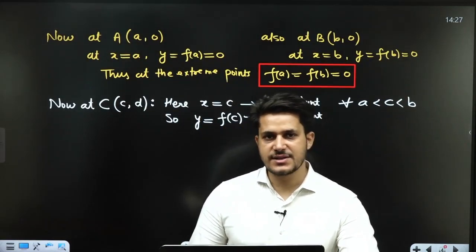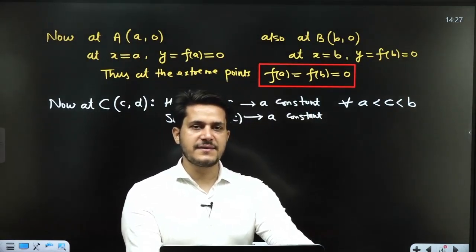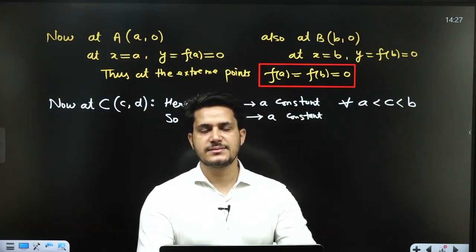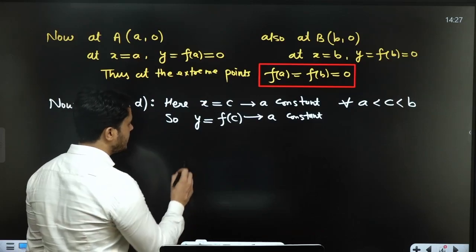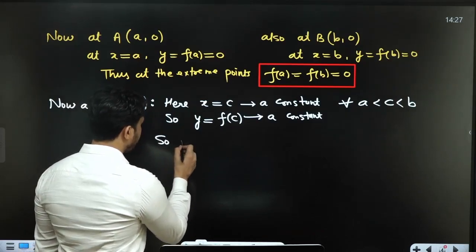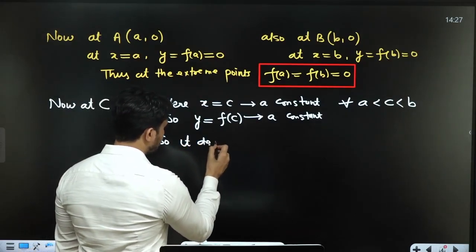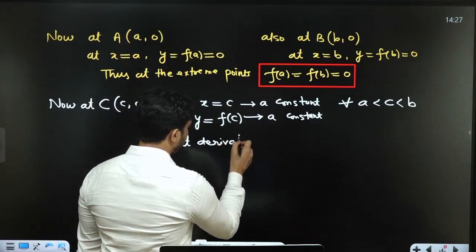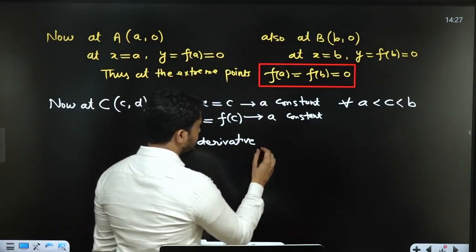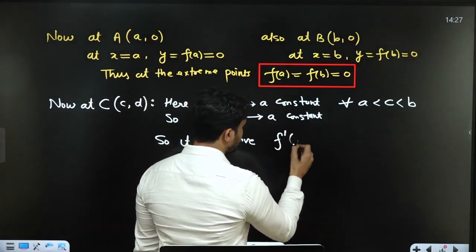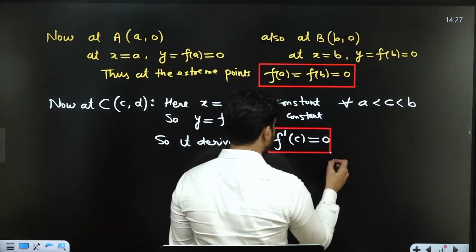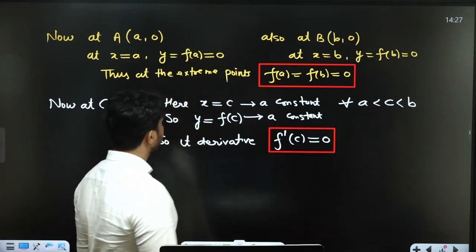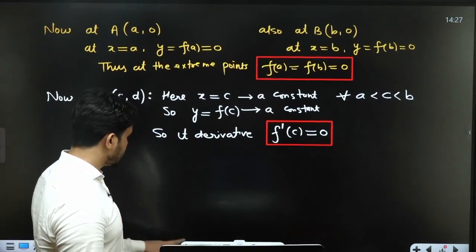This will be a constant value, and the derivative of a constant is always equal to 0. So its derivative f dash c will be 0. So this was your third statement, f dash c equal to 0.